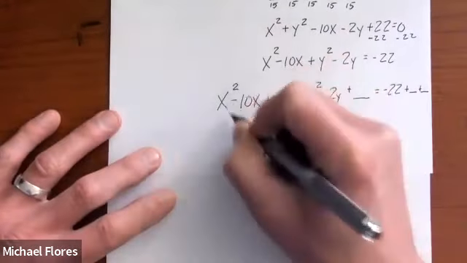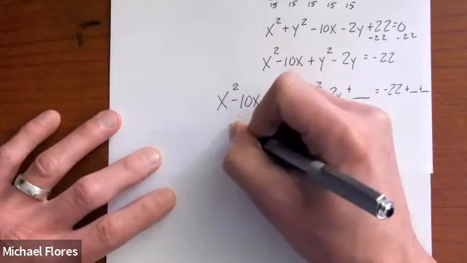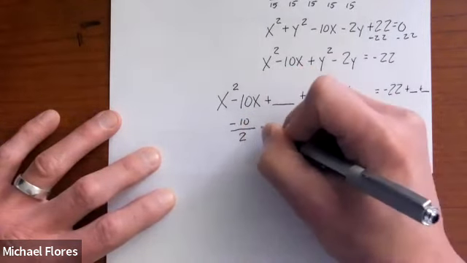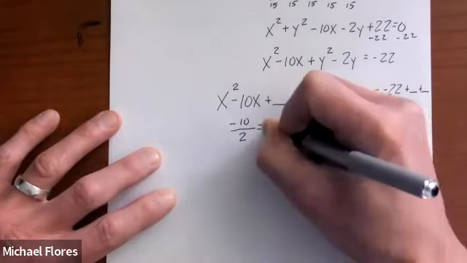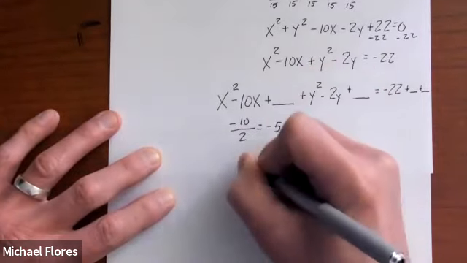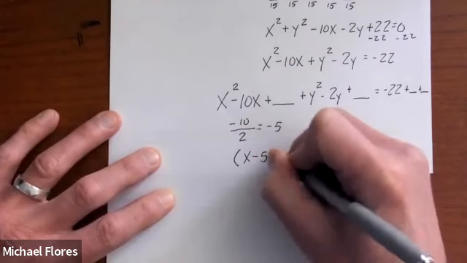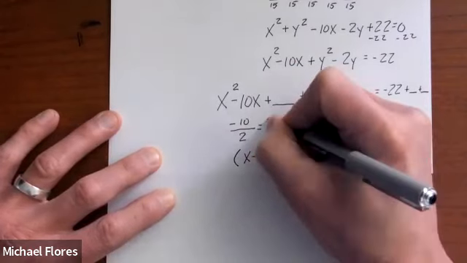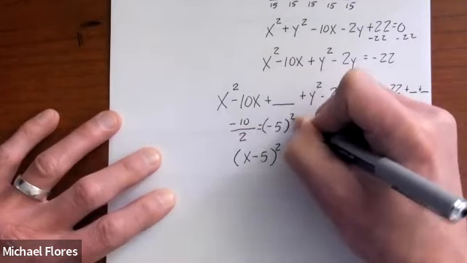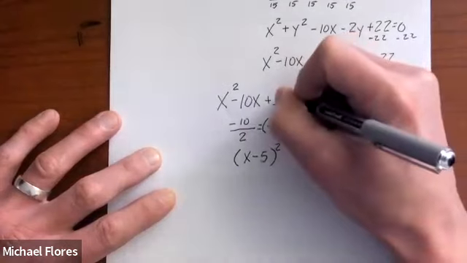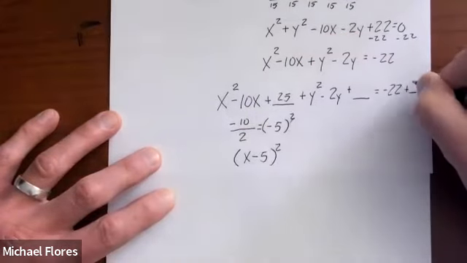Okay, here's the pattern. Take that number, divide it by 2. That would give us -5. And remember, we're going to do the shortcut here. (x - 5) squared. We now need to fill in this gap. -5 squared is 25. So let's add 25 over here too.